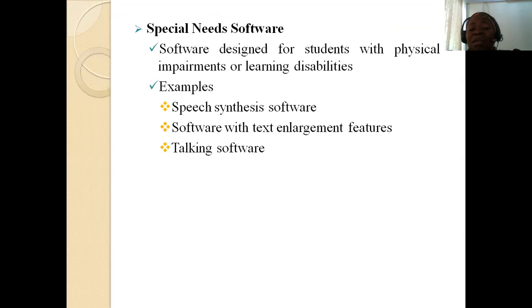Then there is special needs software. These are software for students with physical impairments or learning disabilities. Like students for whom talking is difficult, or who have hearing problems, and even the ones that have eye problems, they cannot see very well.